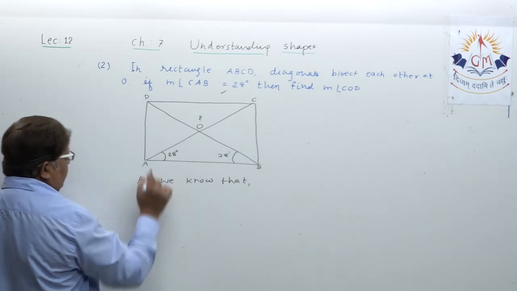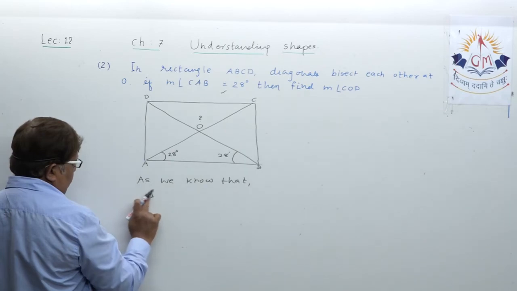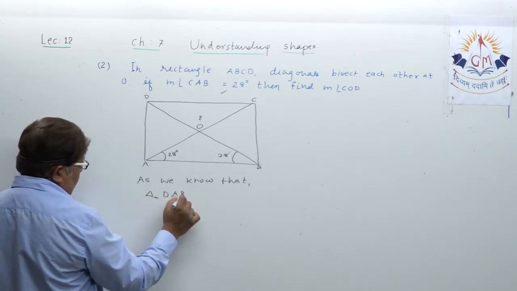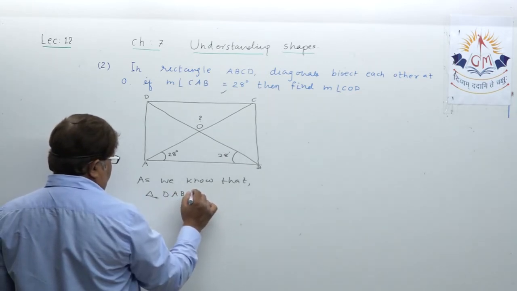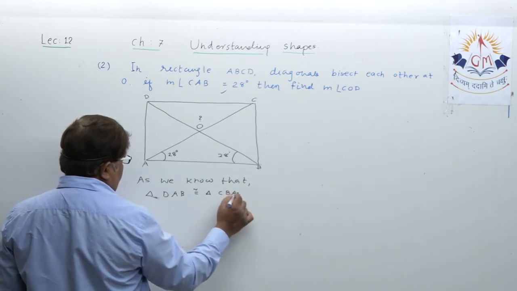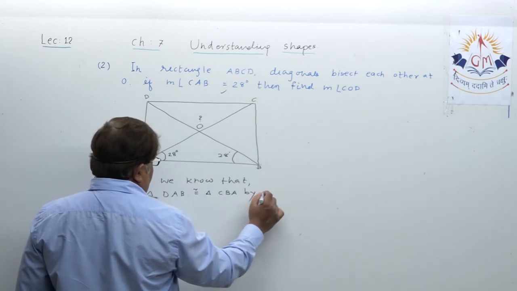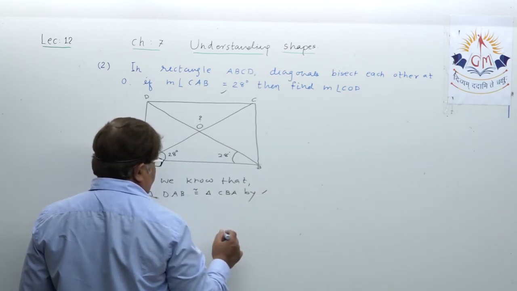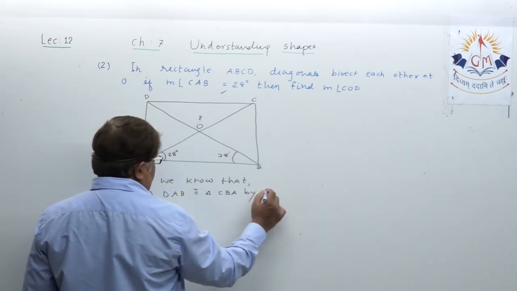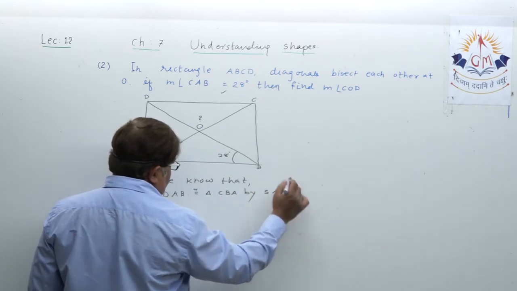Triangle DAB is congruent to triangle CBA by, you remember by which postulate we have done it? By SAS. Understood?